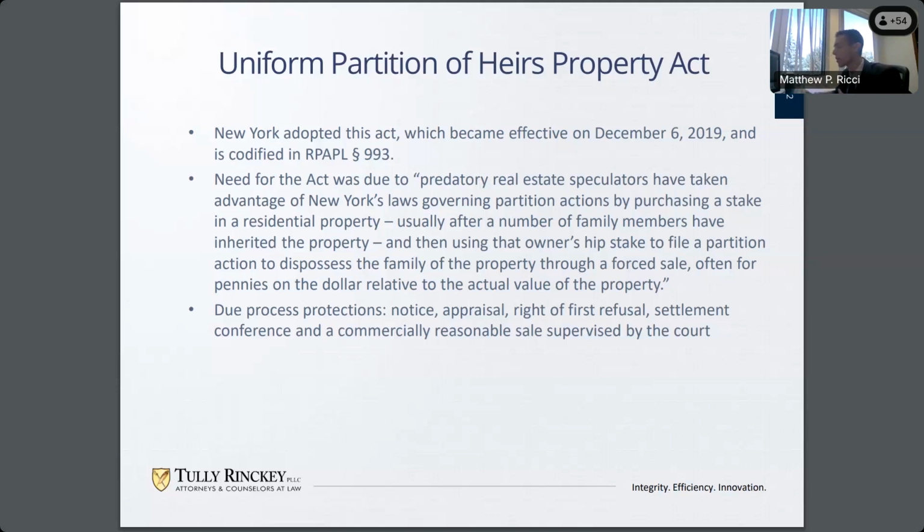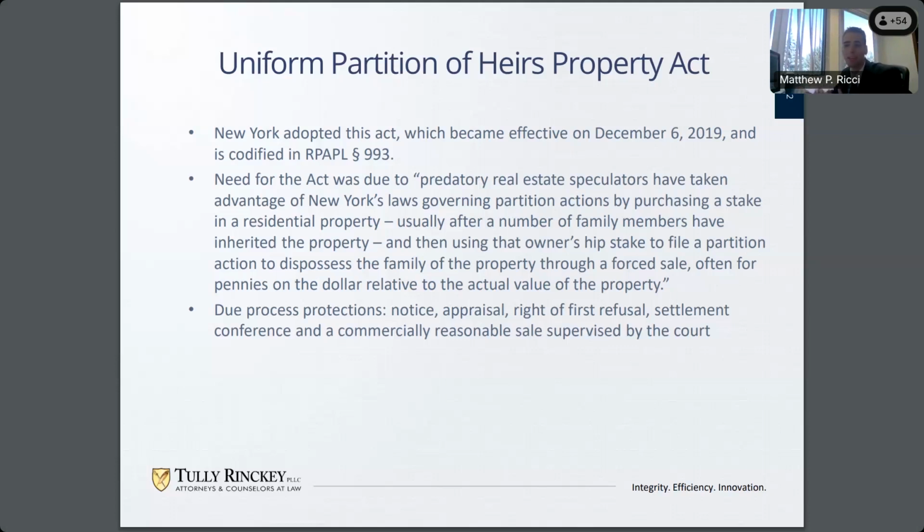Now, unfortunately, in practice, due to COVID-19 and having cases sort of delayed, there isn't too much case law surrounding this act and how courts apply this act to partition actions. Some of the beginning decisions applying this act, we see coming out in around 2021.